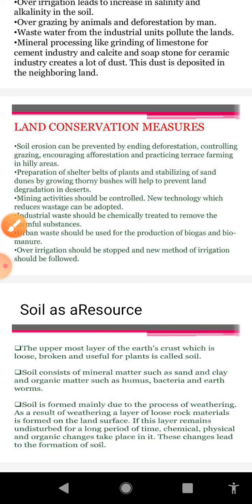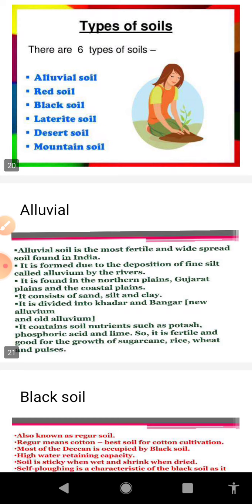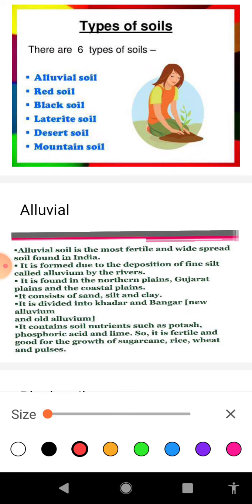Then you may be getting the question to mention the characteristics of different varieties of soil. If you are getting such a question, first let us discuss the alluvial soil. If you are asked to mention the characteristics of alluvial soil, this variety of soil is an example of transported soil.